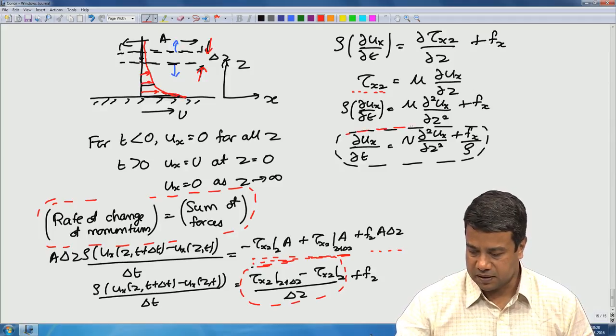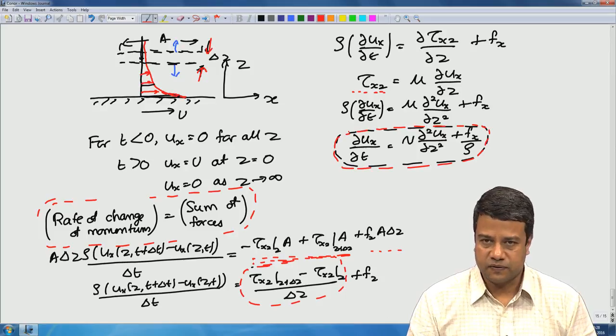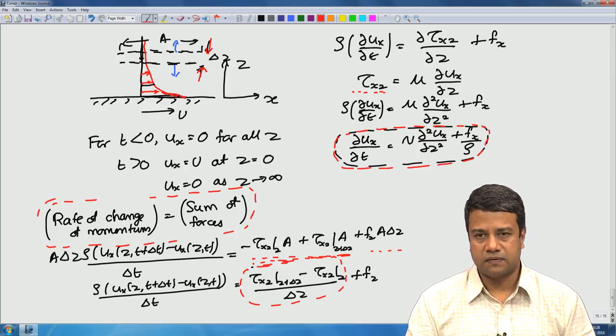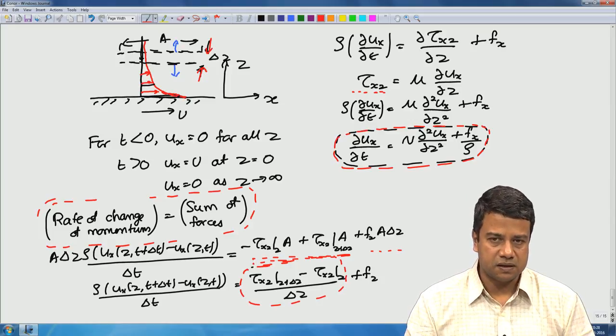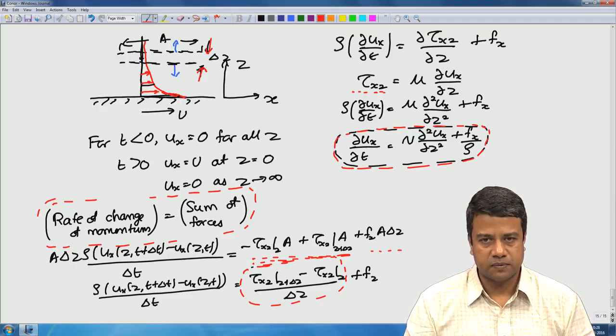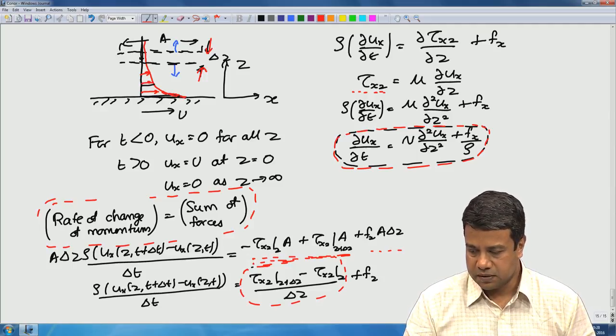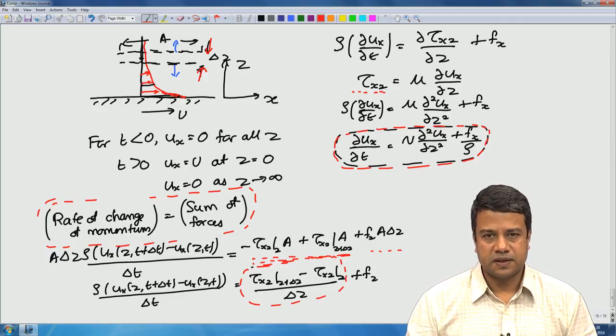So, the equation that you get for the velocity field turns out to be exactly the same form as the equation that we had for concentration and energy diffusion, except that instead of the concentration or the temperature, we have the velocity. Instead of mass diffusion or energy diffusion, we have momentum diffusion or the kinematic viscosity. And this equation will be the same for all unidirectional transport problems.